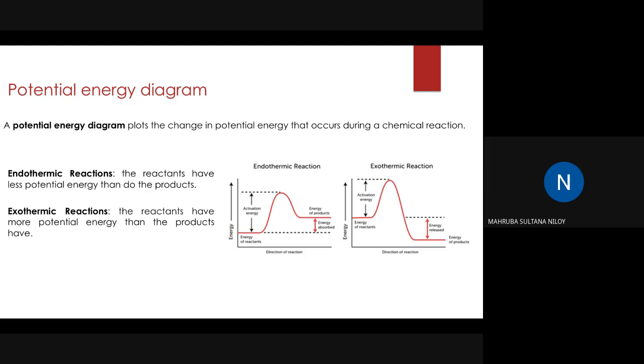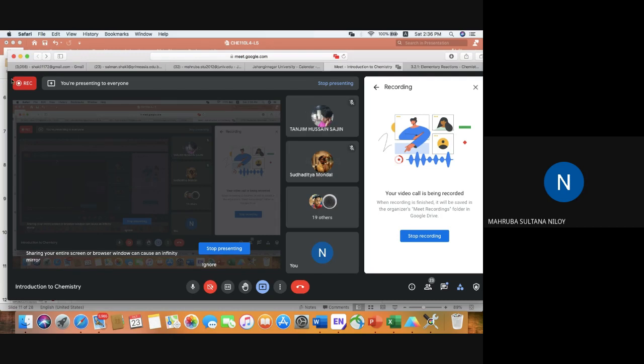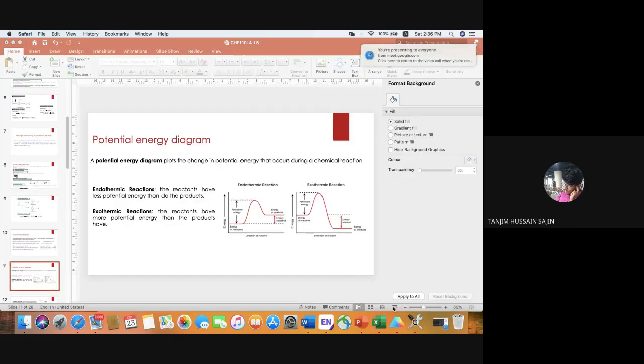In the diagram, we see how energy changes during a reaction. So a potential energy diagram represents potential energy change during a chemical reaction. Okay, is it clear? Yes, sir.